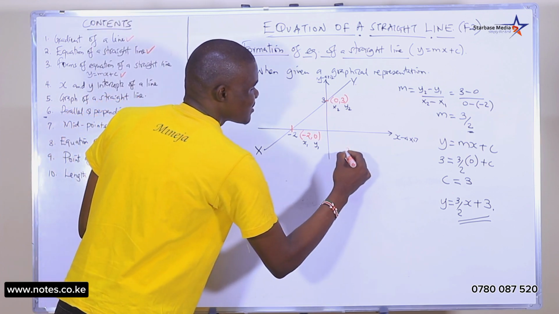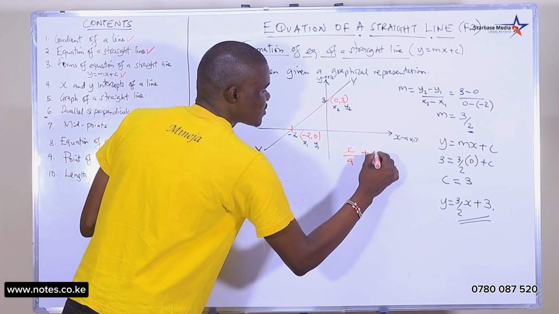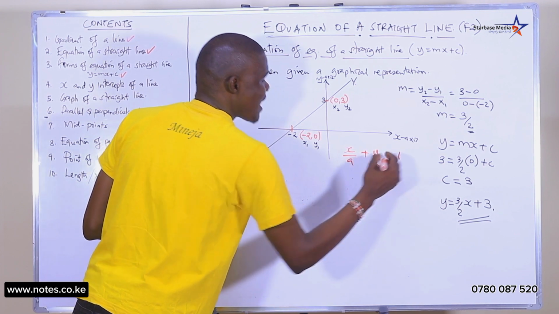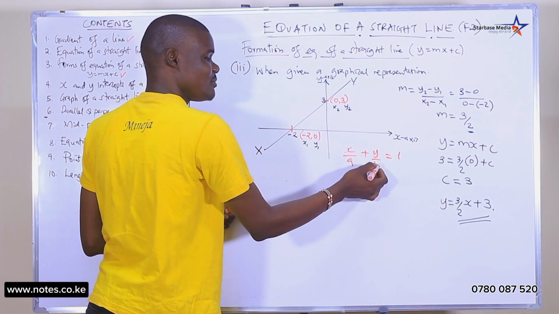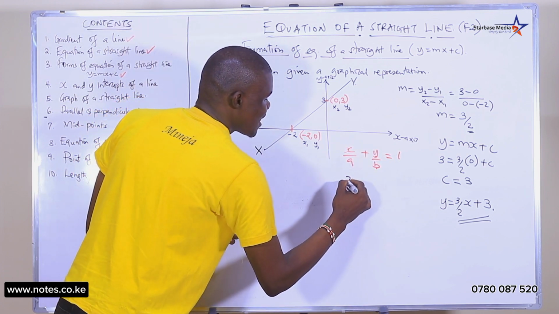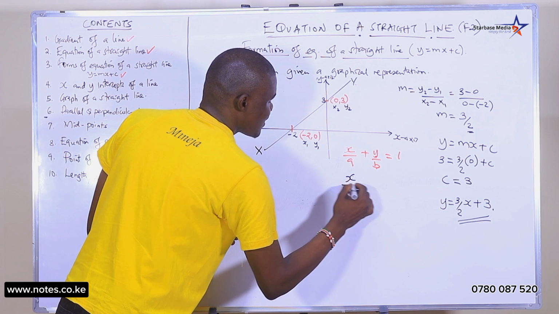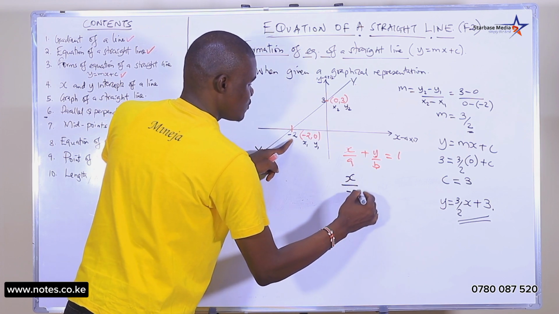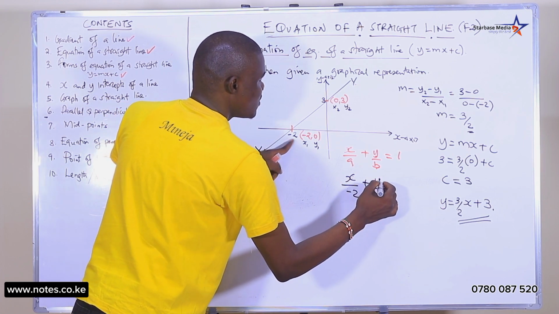The double intercept formula is x over a plus y over b equals 1. A is the x-intercept, b is the y-intercept. So you just replace. What is a? -2, plus y over b. What is b?